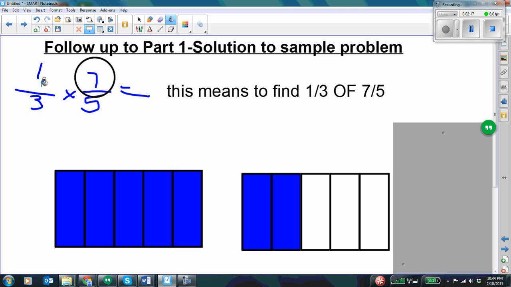Now let's take a look at that first fraction, 1/3. What that fraction is actually telling me is out of the parts I have, or the parts in blue, I only need a third of those.